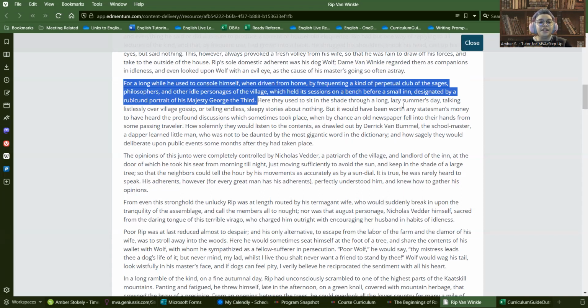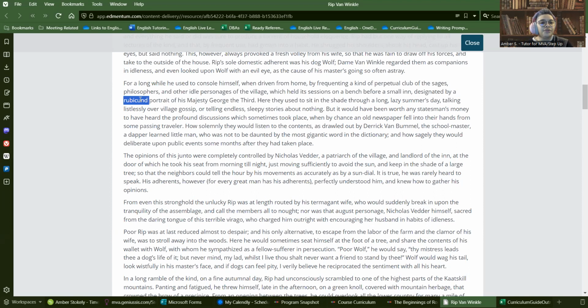Philosophers are people who study ways of life. So people who are smart and educated go there. And it says, but also other idle personages of the village. So also other people who just don't have anything to do. And then it tells you where they hold their sessions. It's on a bench in front of a small inn, and you know which inn it is because they have a rubicund portrait of His Majesty George III.